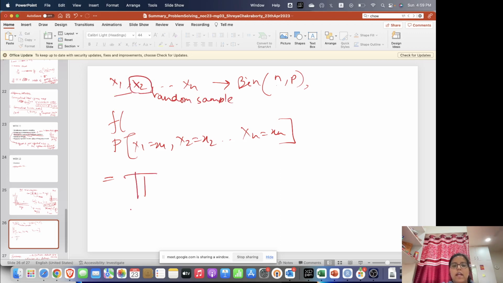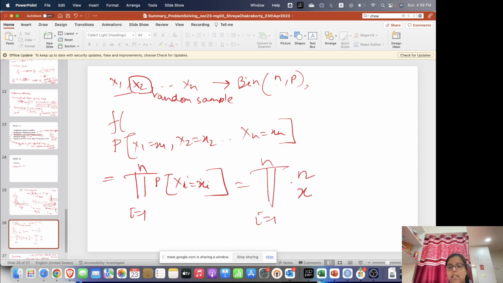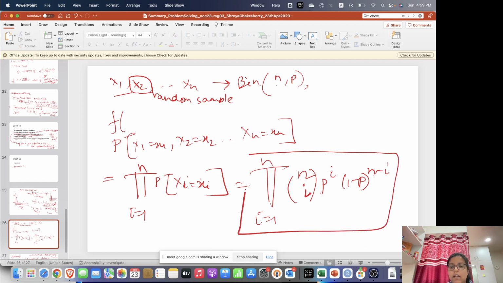So I can write this as a product of P(Xi = xi). So the product from i equal to 1 to n, I write the PMF, nCx_i, p to the power x_i, (1 minus p) to the power n minus x_i. So this thing is my likelihood.